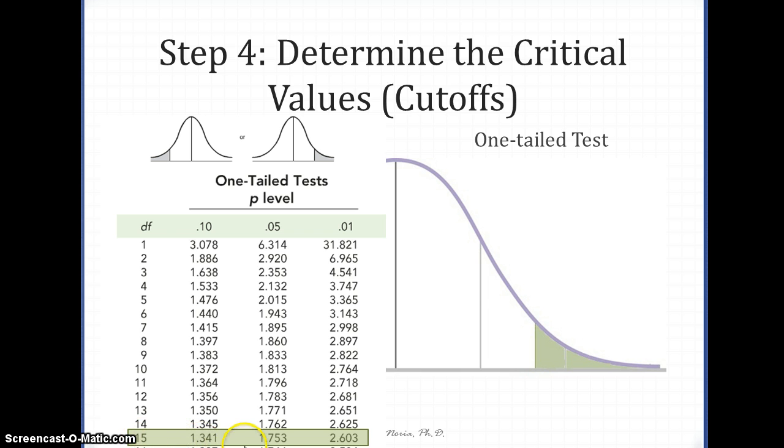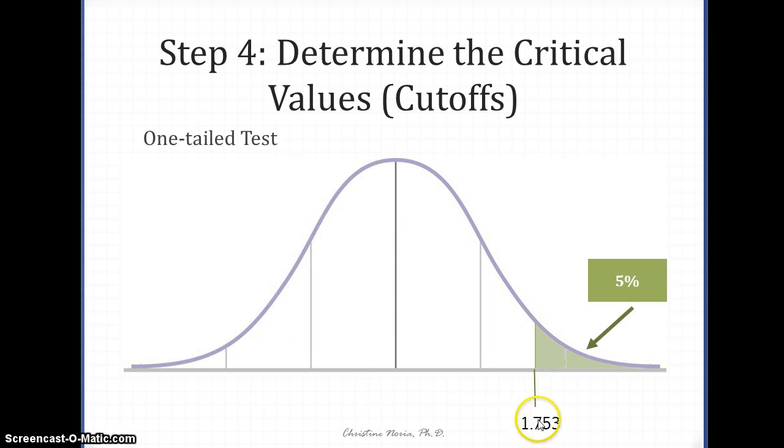That gives us 15. If you come over here, we have a critical value of 1.753. So we can put that right over here and say our critical value of 1.753 is here, and this is our 5% all in one tail.